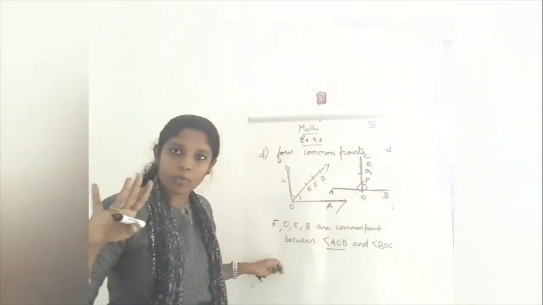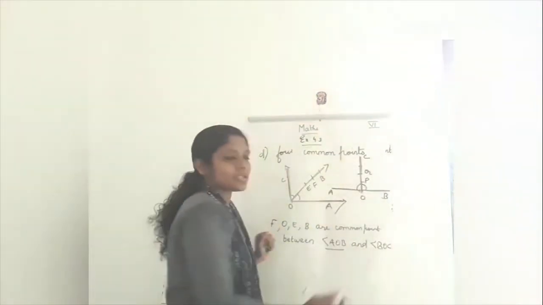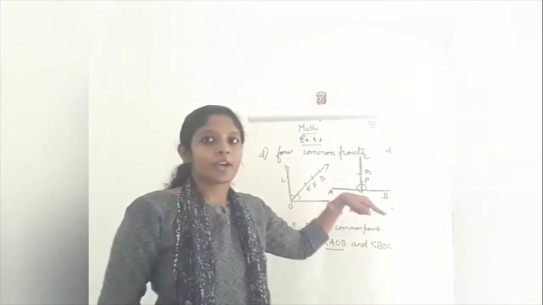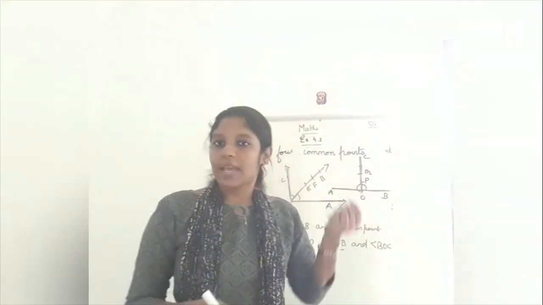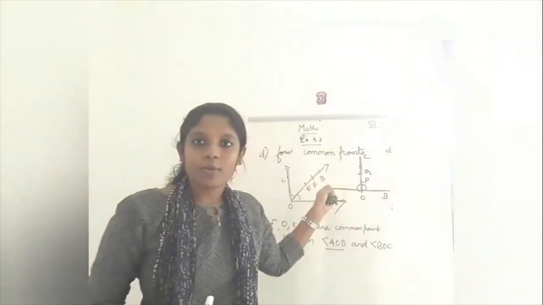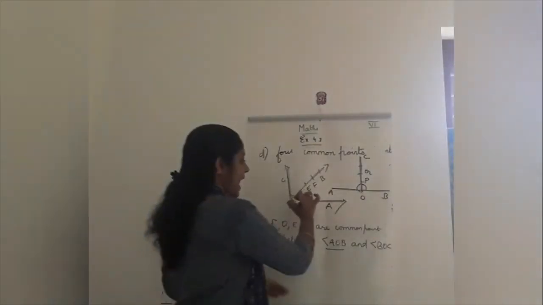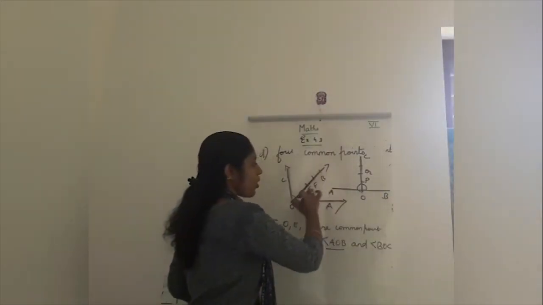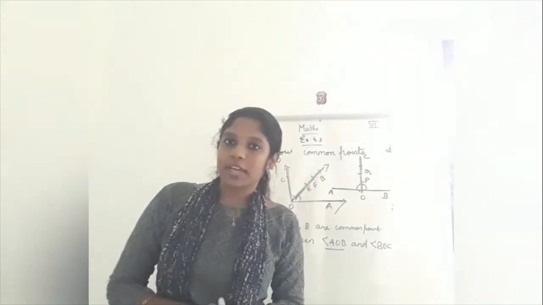You can see two common points, three common points. It's up to you how to draw the angles, but there should be four common points. Side OB is the common side.